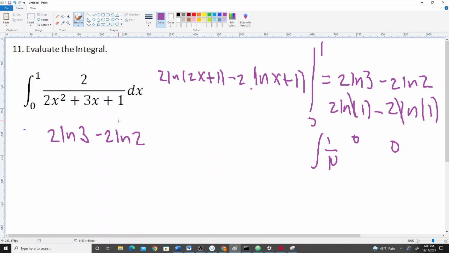Since they have the same coefficient out front, you can use logarithmic simplification. So you have ln 3 minus ln 2, you can just rewrite that as 2 ln of 3 over 2. And that's your answer. I'll box it in.